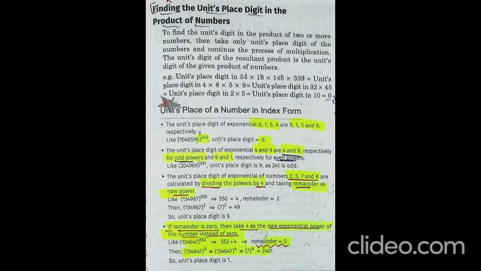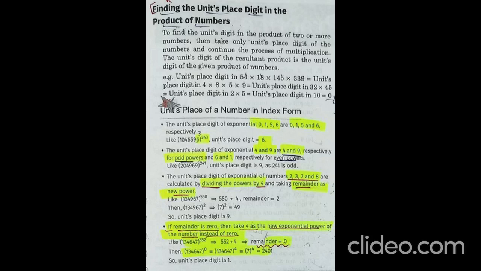Next point is finding the unit place digit in the product of numbers. How to find the unit place digit in a product of numbers? Take an example. Let's say you are given 54 multiplied by 18 multiplied by 145 multiplied by 139.